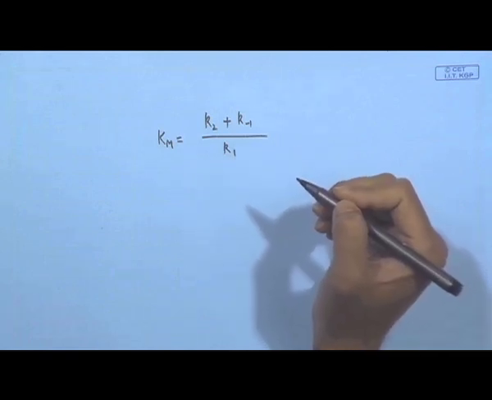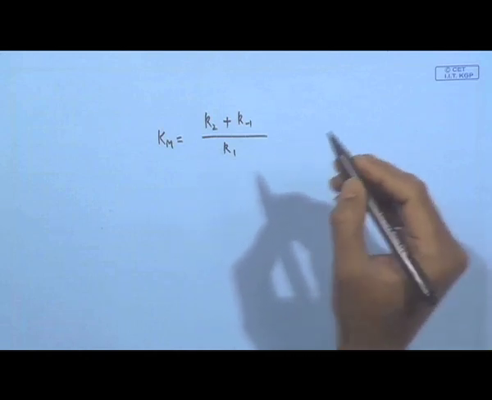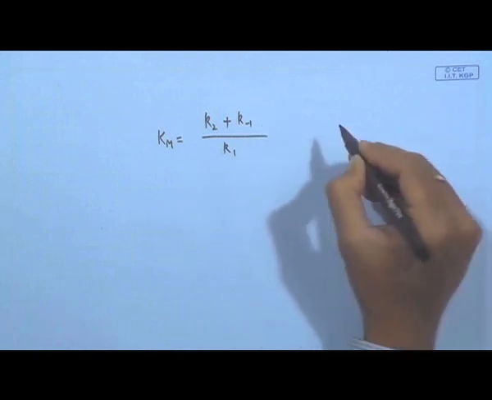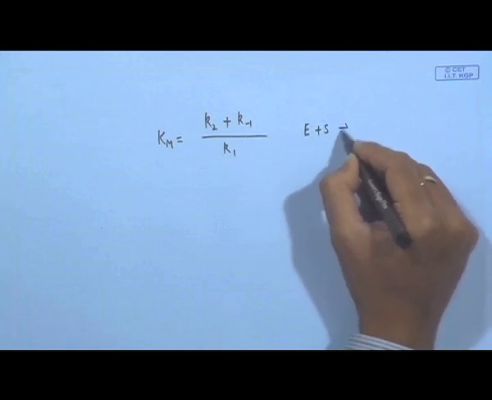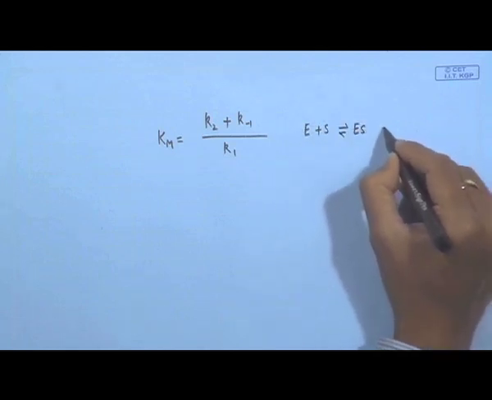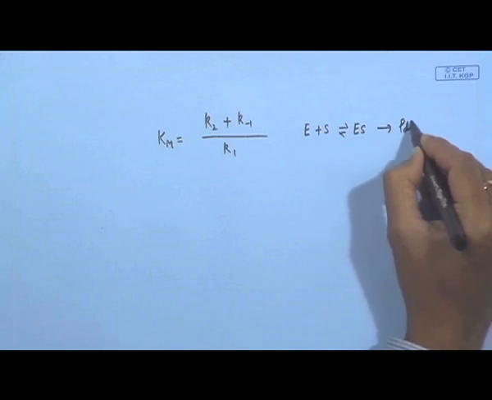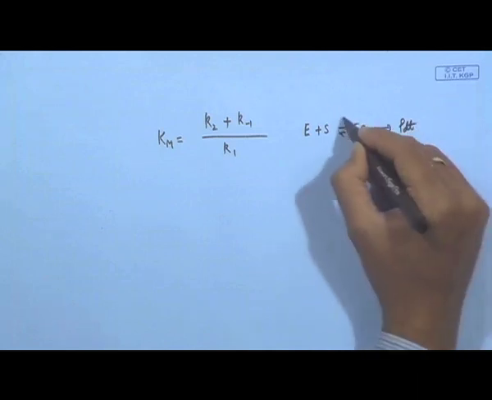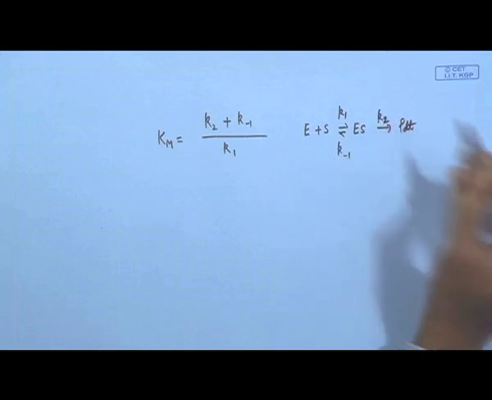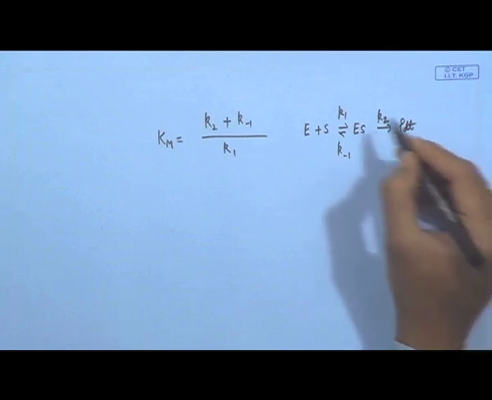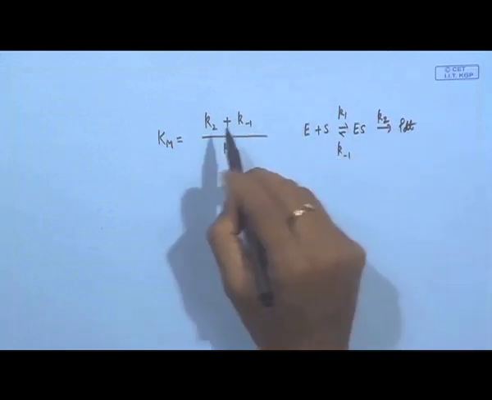So, what is this? You again write enzyme plus substrate, enzyme substrate, then product. Okay. K1, K minus 1, K2. Okay. So, this is basically in the numerator.